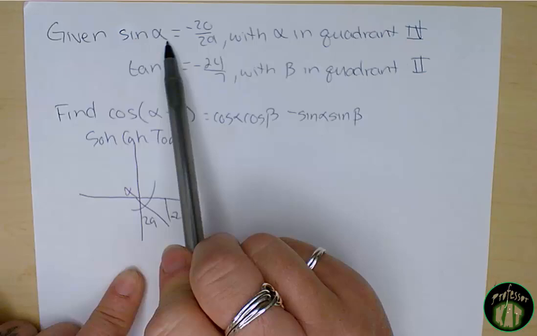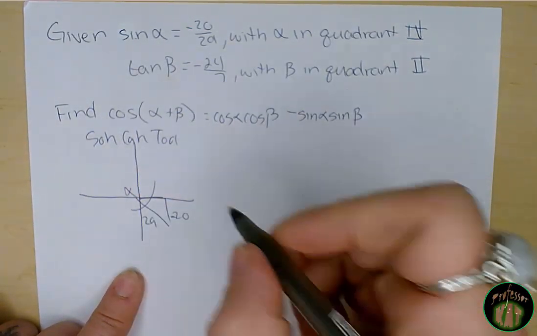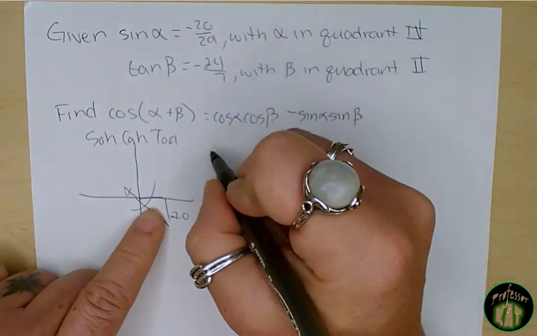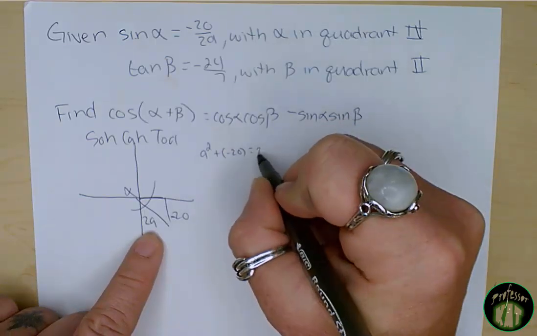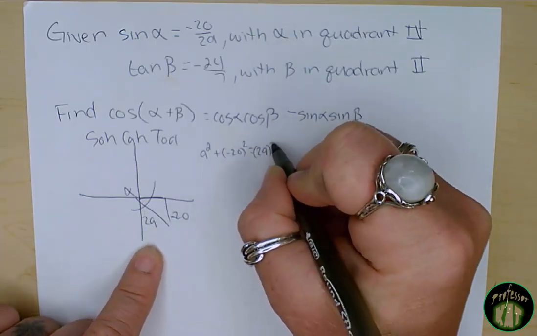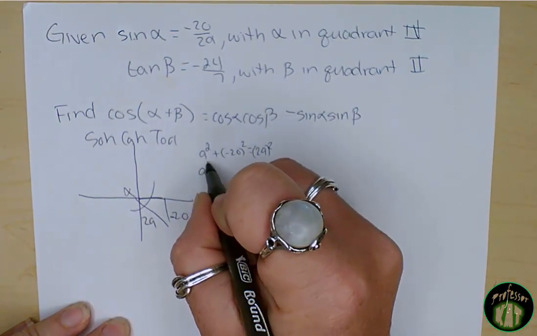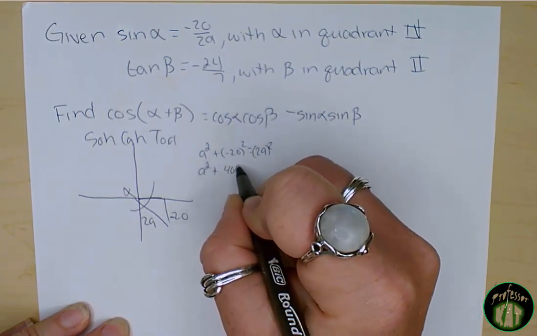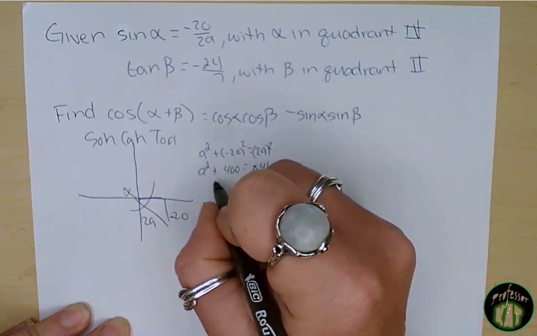We are given sine, we need to figure out cosine of this, which means we need to figure out this length, which means Pythagorean's theorem. Let's go ahead and do a squared plus b squared is equal to c squared and calculate that. When we calculate that, a squared plus 400 is equal to 841.